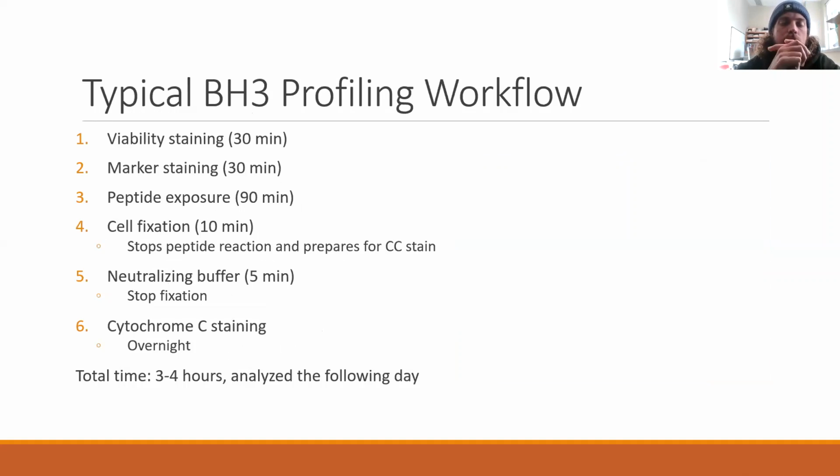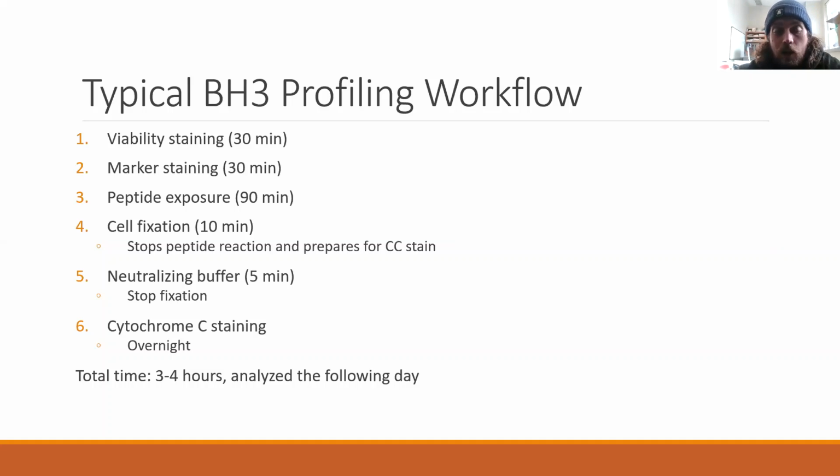So just to summarize the typical BH3 workflow, I know it's a lot. Hopefully you followed me here. We basically start with a viability stain, then your cell marker staining, different for each experiment, then peptide exposure, then our fixation, which stops the peptide reaction and prepares for our cytochrome C stain, then neutralizing buffer, which stops the fixation, and then our overnight cytochrome C staining.